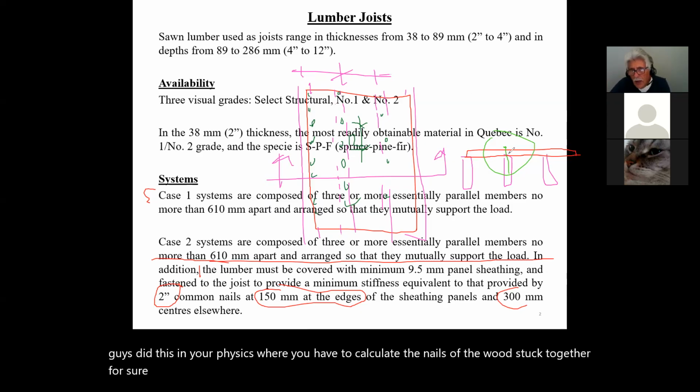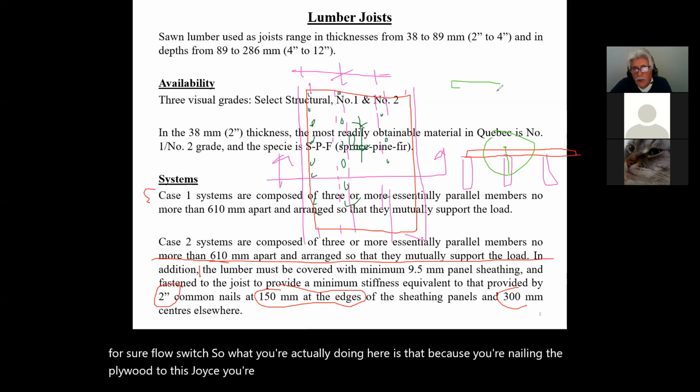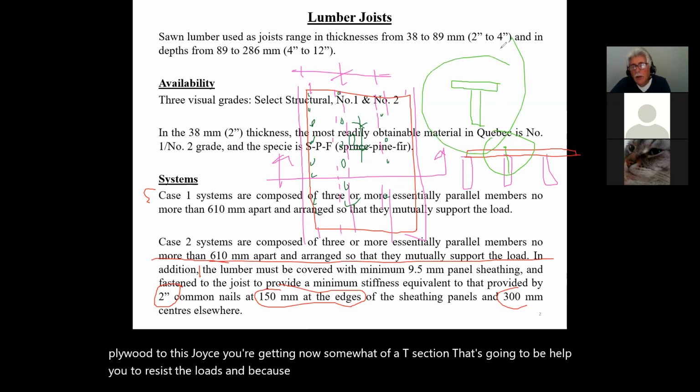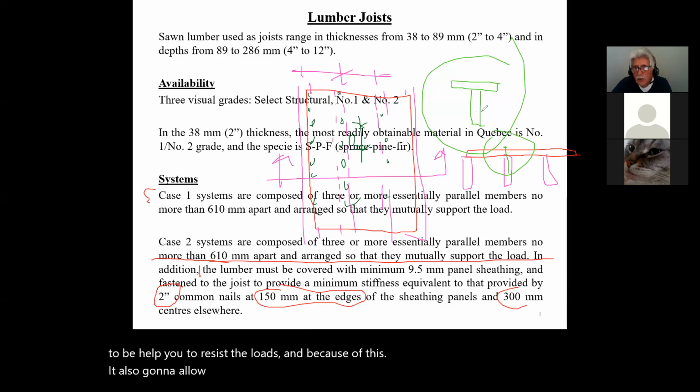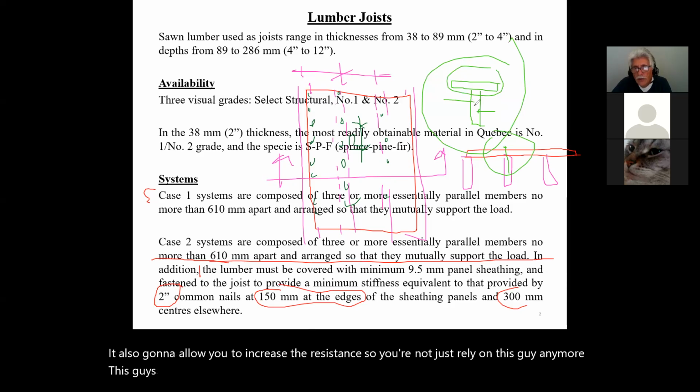Because you're nailing the plywood to this joist, you're getting somewhat of a T section that's going to be helping you to resist the loads. And because of this, it also allows you to increase the resistance. So you're not just relying on this member anymore. This one is helping carry the load with this one, and therefore that also allows you to increase the resistance of this member.